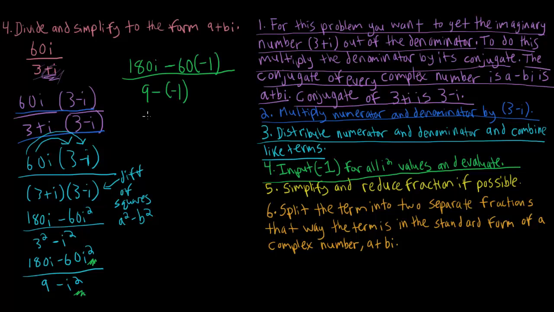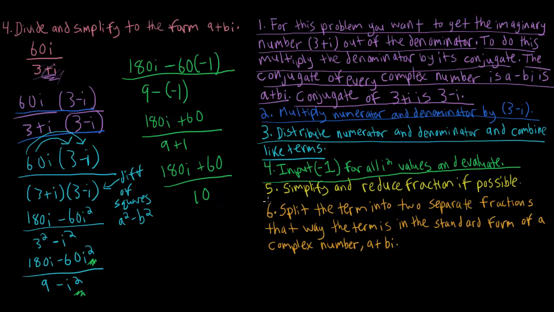And if we evaluate this, 180i minus 60 times negative 1, a negative times a negative is a positive, so it's 180i plus 60. And then 9 minus negative 1 is 9 plus 1. So we have 180i plus 60 over 10.